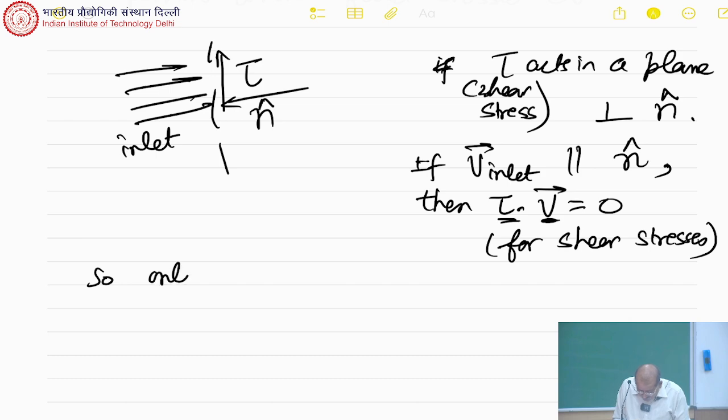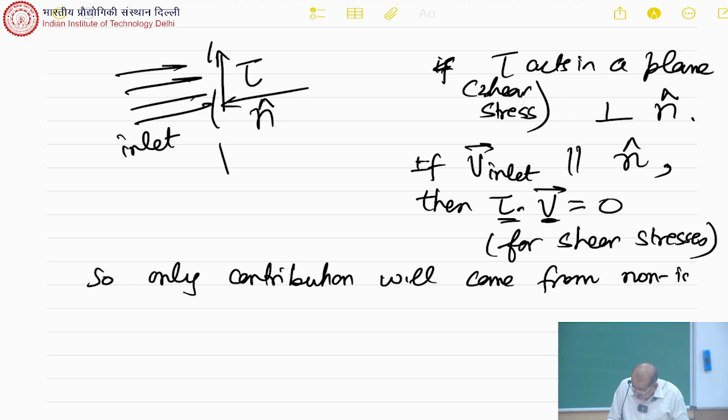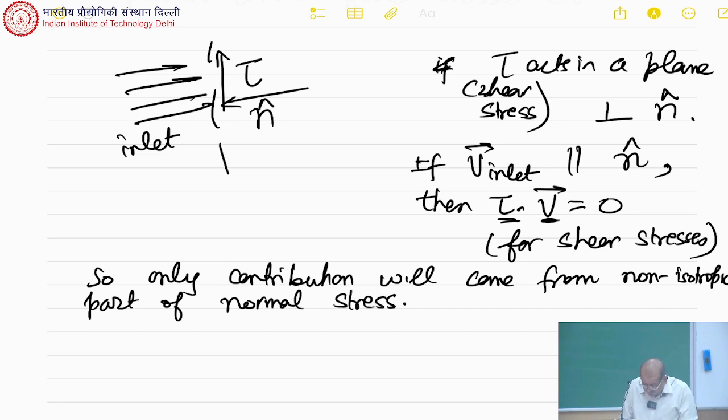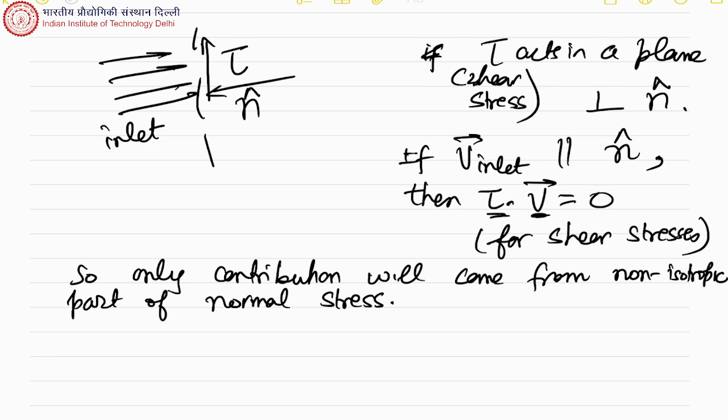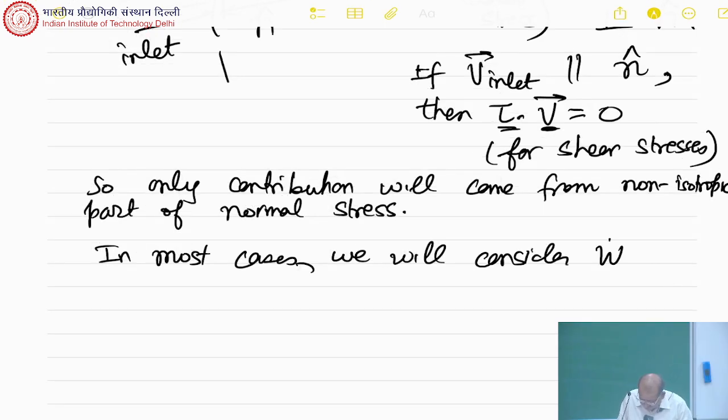So the only contribution will come from the non-isotropic part of the normal stress. The normal stress may still have some non-isotropic part and that dotted with V will not be 0. But in most cases when we talk about this, we will consider the viscous work as 0.